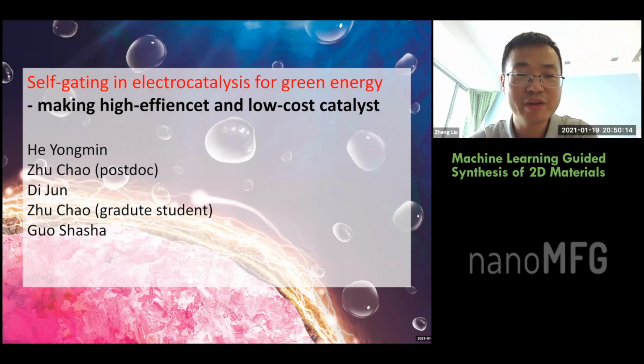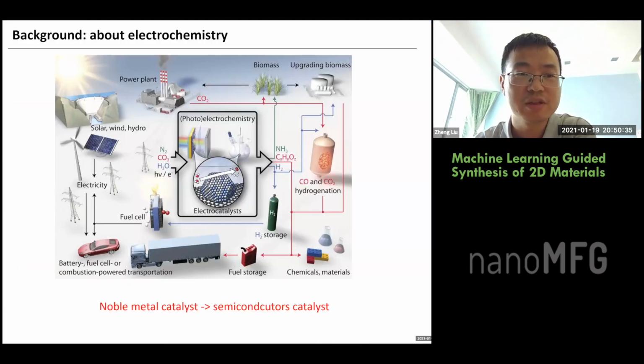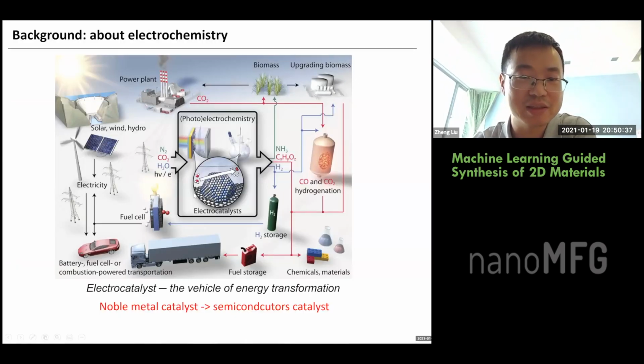So what can we use these 2D materials for in catalysis? Actually, this was done by my postdoc He Yuming, and I pretty much like this work, because we found a very important phenomenon in semiconductor catalysis. So we know that electrocatalysis plays a really important role in our daily life.